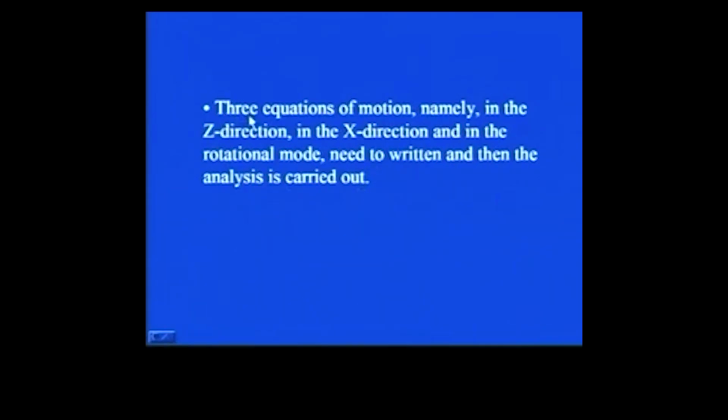Then these three equations of motion, namely in the z direction, in the x direction and in the rotational mode, need to be written, and then the analysis is carried out.